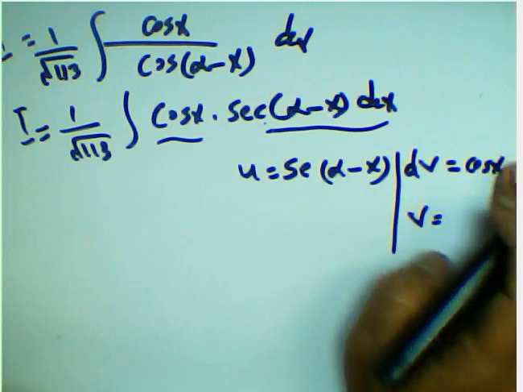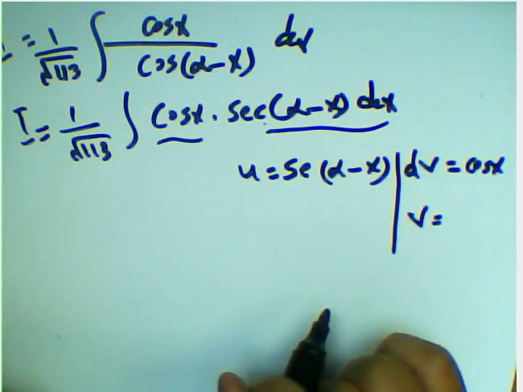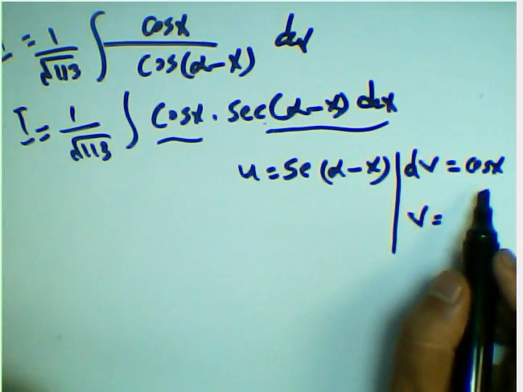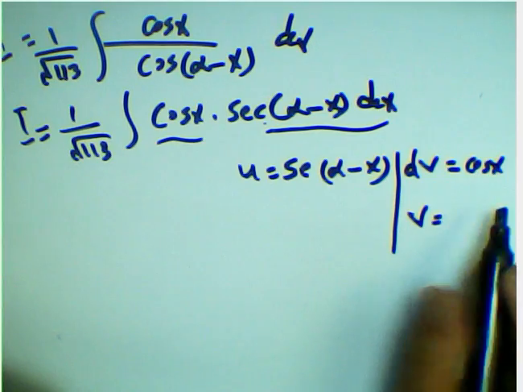Okay, v will be what? Cosine x, the integration of cosine will be sine.